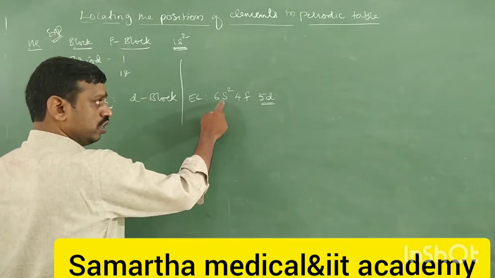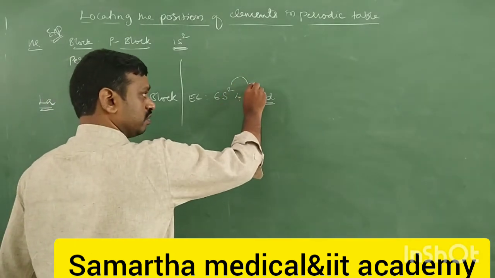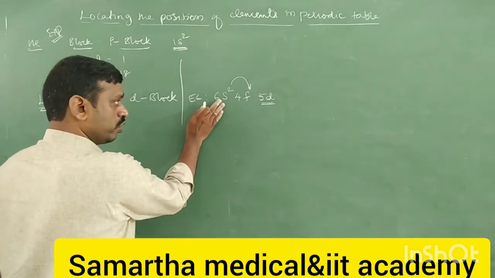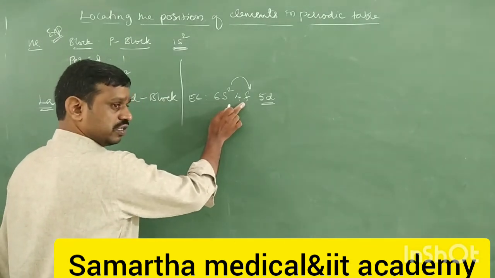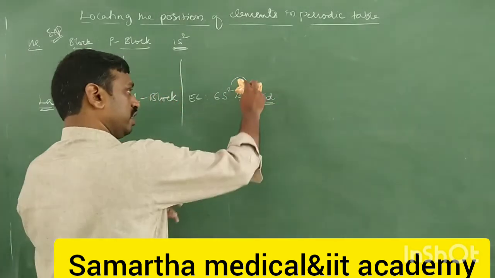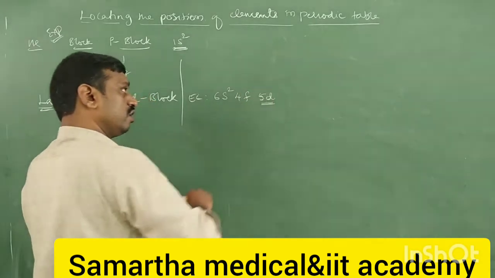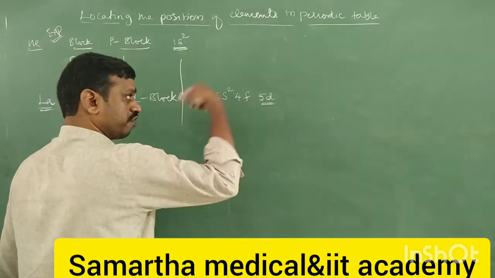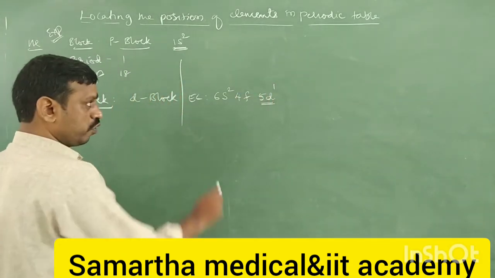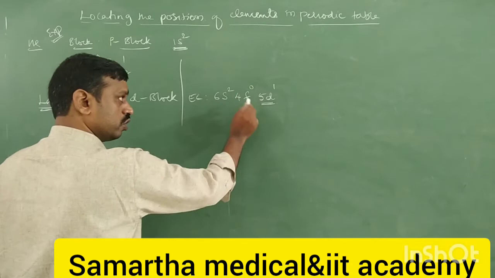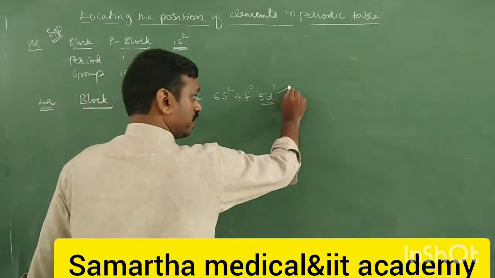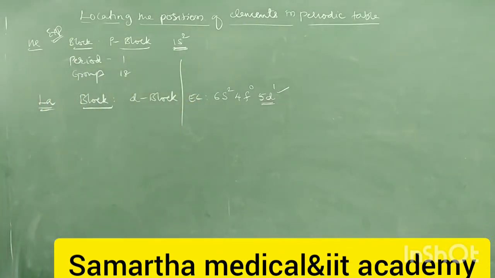After filling 6s2, the electron is supposed to enter the 4f orbital because it has low energy. But in the case of lanthanum, the electron does not enter the f orbital. Instead, it enters the 5d orbital. Therefore, 6s2 4f0 5d1 is the electronic configuration, so it is a d block element. Lanthanum is a d block.